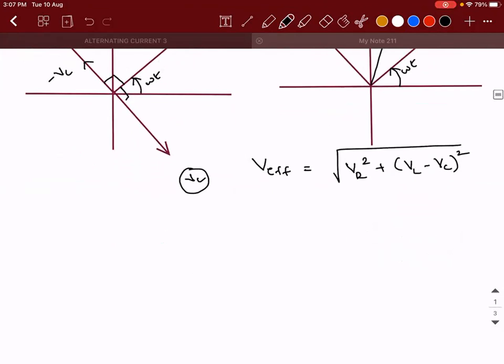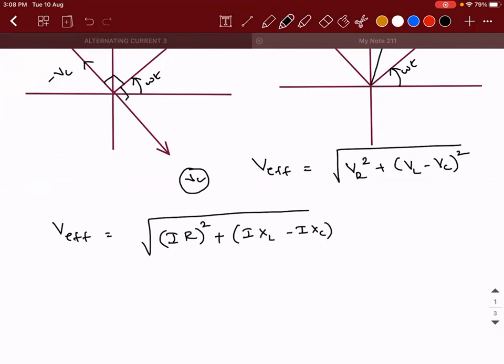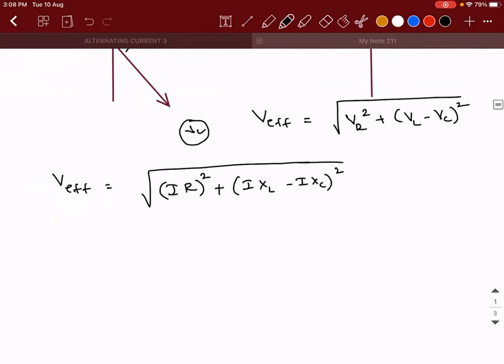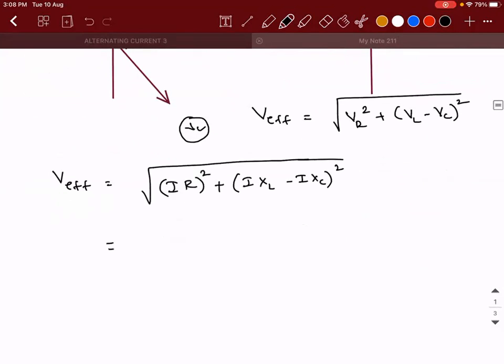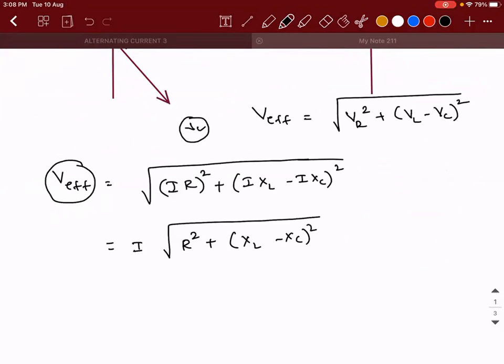Correct? So V effective will be equal to square root of, what is VR square? It is I into R the whole square plus VL minus VC, which is I into XL minus I into XC, the whole square. If you take the I value outside, I into root of R square plus XL minus XC the whole square is the value of V effective.